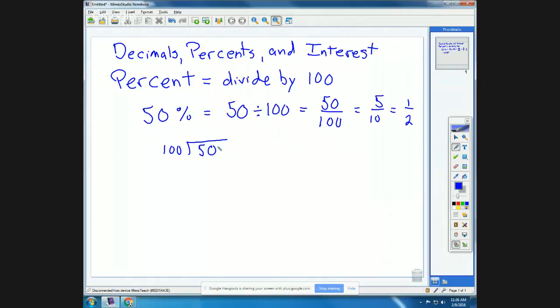Reminder about our division here. 100 doesn't go into 50. Placing the decimal, and we can do this as long as this divisor is a whole number. And we can ignore the decimal for a minute and say 100 goes into 500 5 times. 5 times 100 is 500, with no remainder.